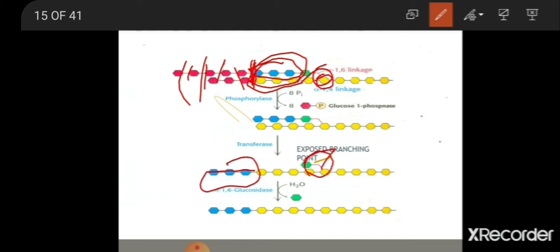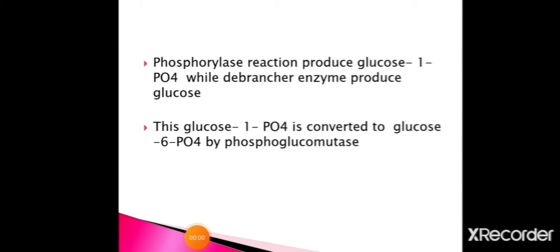So you can see now the branch point is exposed. So alpha-1,6 glucosidase enzyme acts on this alpha-1,6 linkage and it will release glucose. So the glycogen phosphorylase enzyme, which acts on the alpha-1,4 linkage, produces glucose 1-phosphate, while the debranching enzyme will produce glucose.